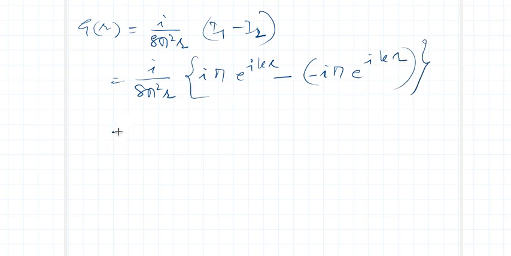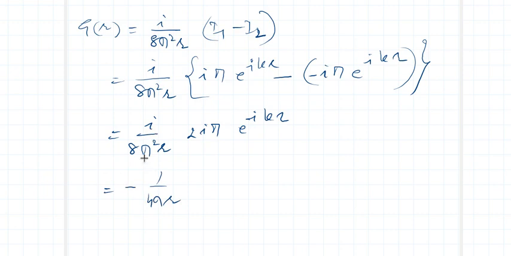Both become identical, minus minus becomes positive, so things will add up, and iota times iota becomes iota square, which is minus 1. The pi cancels, and it becomes minus 1 over 4 pi r e raised to power iota kr.